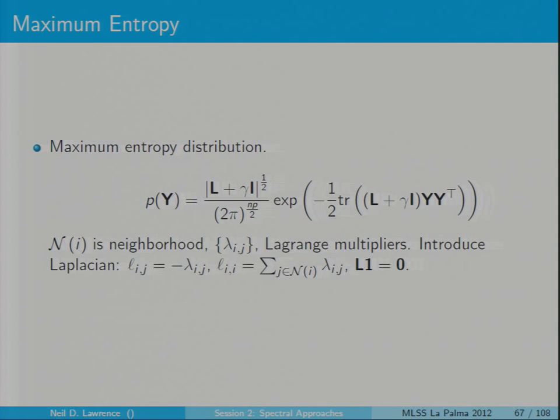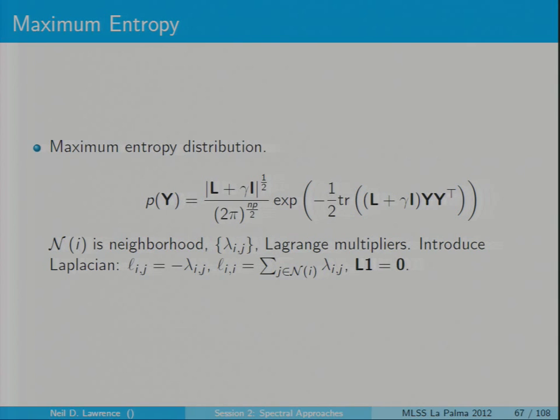I briefly outlined that on the board there. And the reason you can do that is because the Laplacian has this null space. Now, this Laplacian is the same as the previous Laplacian, where the off-diagonals are the Lagrange multipliers now, rather than these adjacency elements which were set constant or set according to some Gaussian function that we had before.